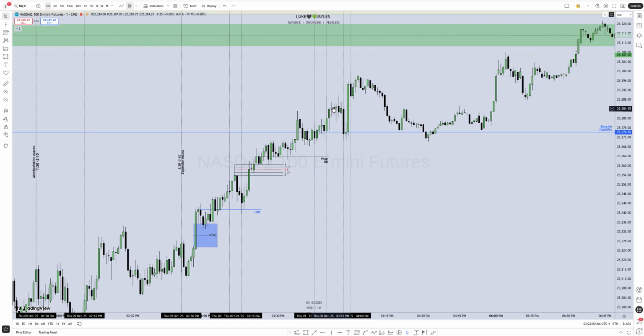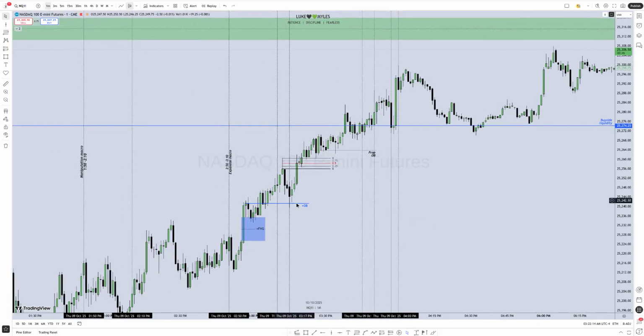So at 3:50 we manipulate, coming back into the top of the daily wick. Then after 3:50 going into 3:57, we rally higher going into the 4 p.m. market closure, and the rest of the day is consolidation. Those are the macros.